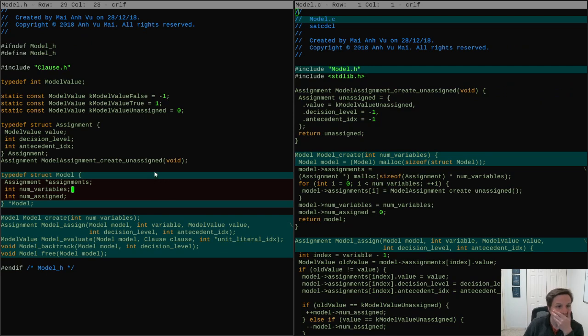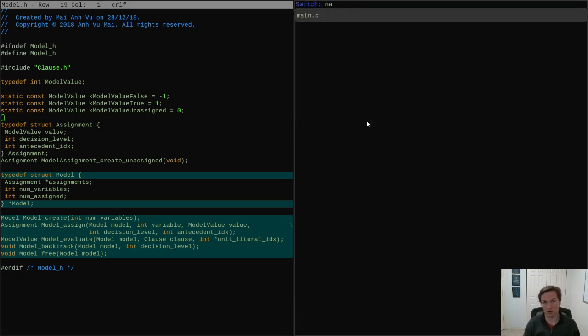Okay, so value false is -1, value true is 1. Value unassigned. Okay, so a model value can actually be true, false, or unassigned, which is cool. Makes me wonder.